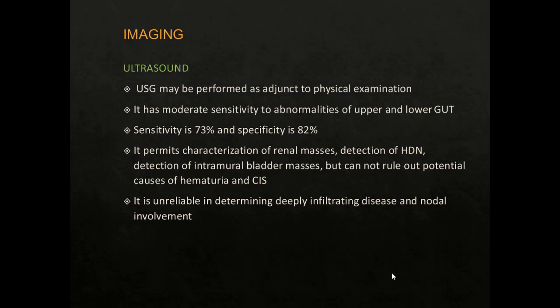It permits characterization of renal masses, detection of hydronephrosis, detection of intramural bladder masses, but it cannot rule out potential causes of the hematuria, especially carcinoma in situ. It is unreliable in determining deeply infiltrating disease and nodal involvement.